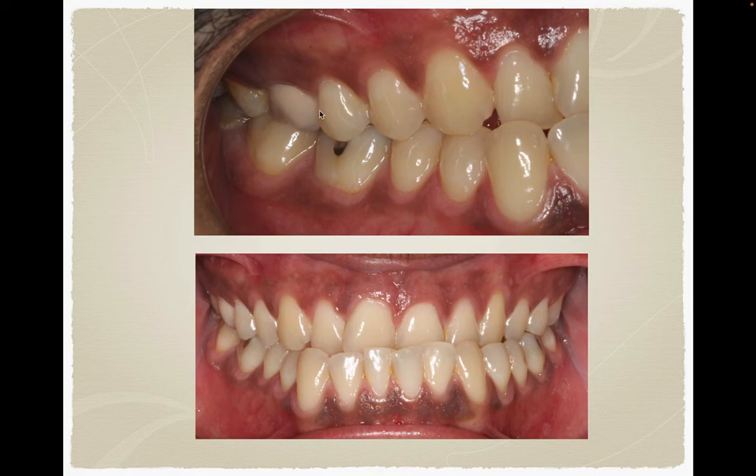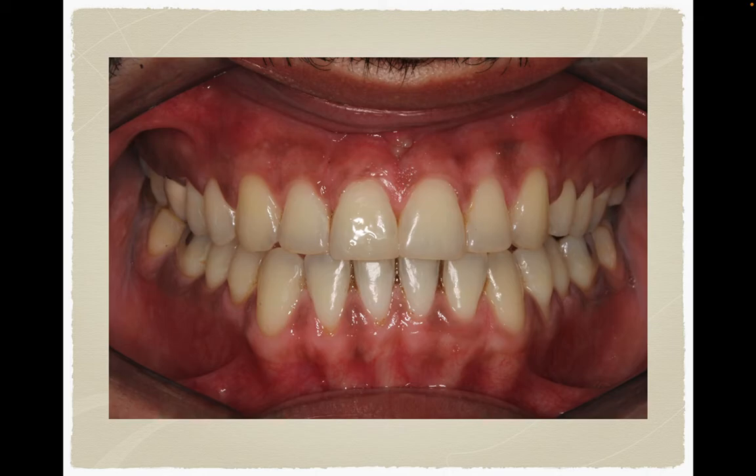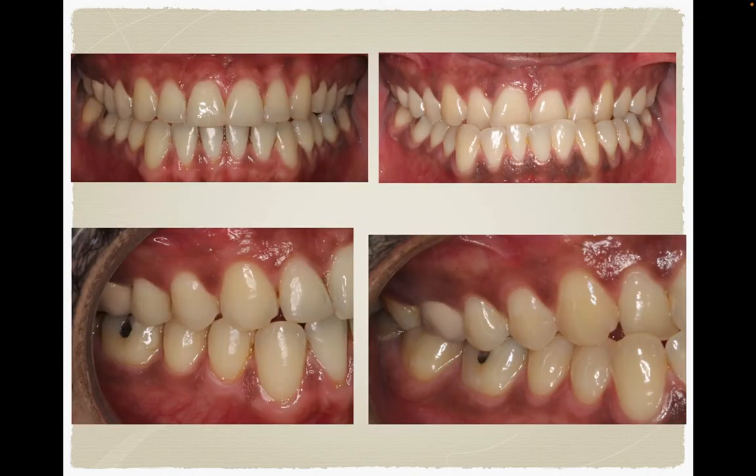This is him before, full unit class 3 molar relationship and reverse overjet. Simply, the patient started fixed appliances, went with class 3 elastics, and here he's done. Everything is class 1 with no need for extraction. Now some say that all we did was distalization, and the answer is no. If distalization can be done with elastics, we'd do distalization all the time.